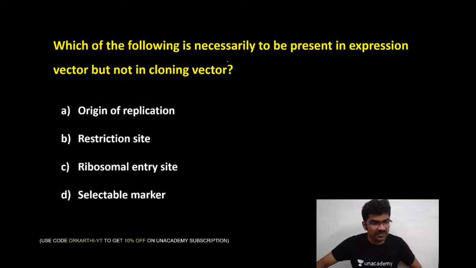Sandwich ELISA, someone is asking, so let me just tell you about sandwich ELISA. For sandwich ELISA, the antigen should have multiple epitopes. So this is epitope 1, this is epitope 2.